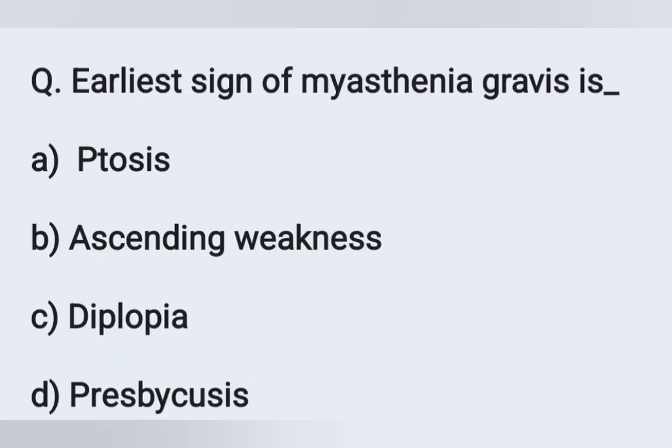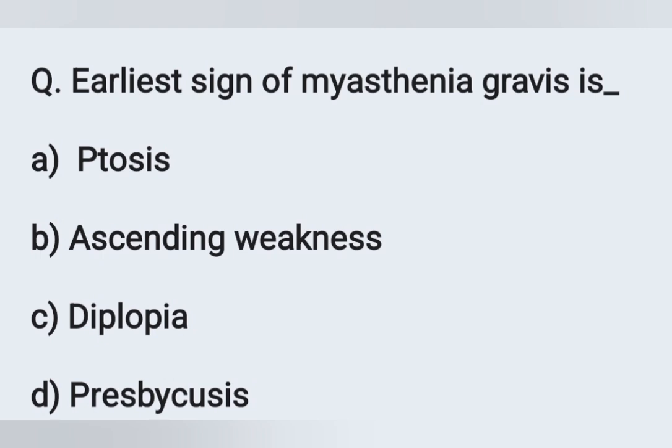And the next question is, earliest sign of myasthenia gravis is: option A ptosis, option B ascending weakness, option C diplopia, option D presbycusis. Myasthenia gravis is a neuromuscular disorder mainly due to defect in the transmission of nerve impulses at the myoneural junction, and it is mainly due to insufficiency of secretion of acetylcholine.